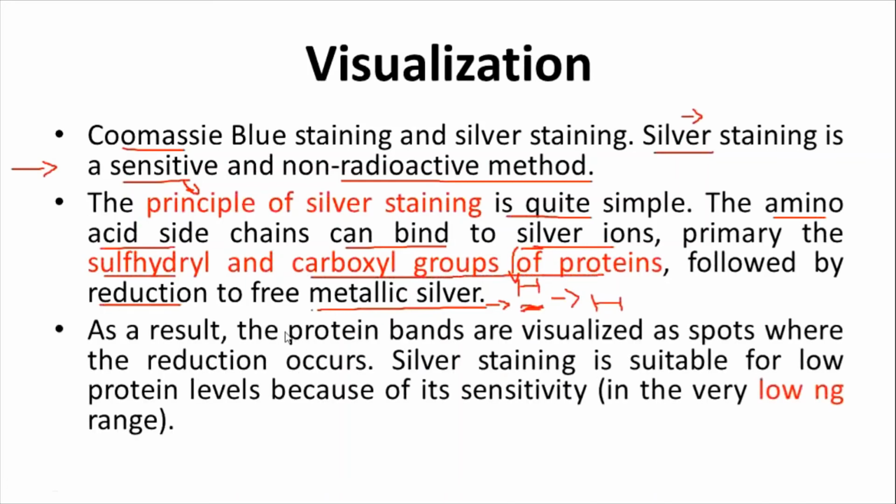After the reaction, these protein bands are easily visible, even in the low nanogram range, because of high sensitivity. Silver staining is also suitable for low levels of protein because it is readily reduced, and it easily visualizes the protein band or spot in 2D.